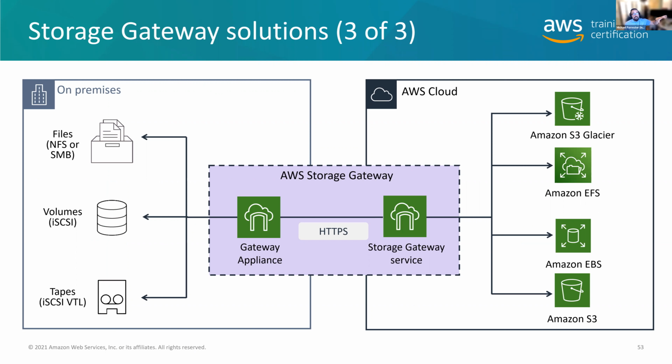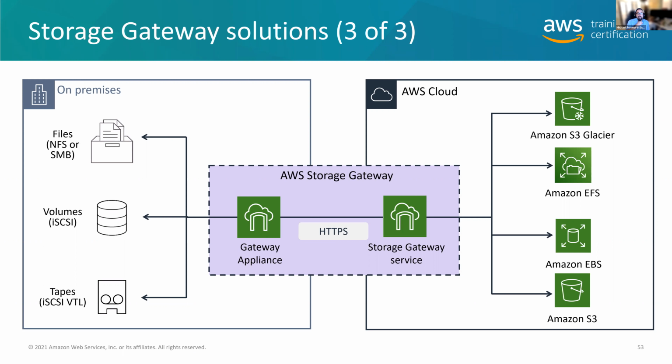Note that that virtual machine runs on the customer premise, replicates back to what's called the Storage Gateway service, and it can dump in any of those four different data repositories that you see there. S3 and of course Glacier, EBS and EFS. It just depends on what you choose for targets.